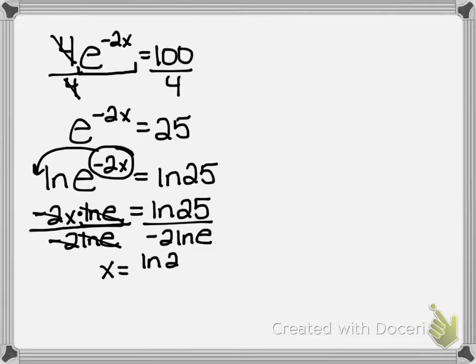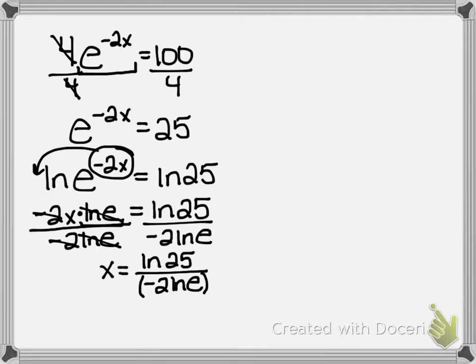We could just leave this as natural log of 25 over negative 2 natural log of e. And we could type it in our calculator. And so if you want to pause right now and type it into your calculator as is, that's fine. Just be really careful because this whole thing needs to be included in your denominator if you're going to do that.